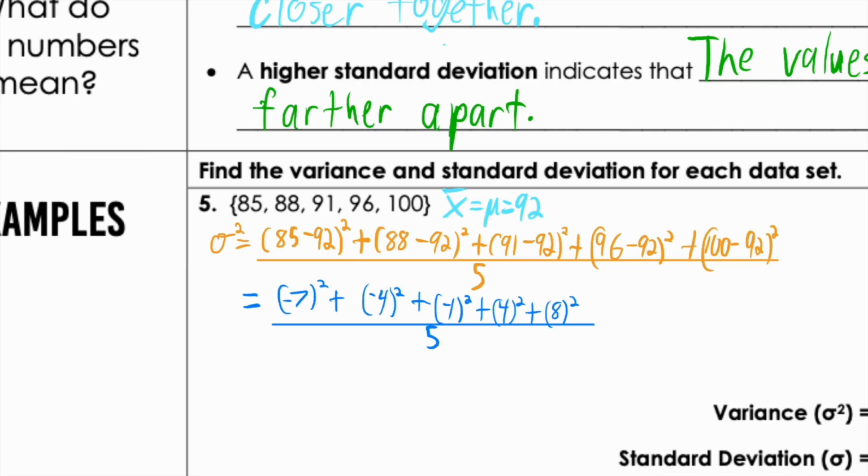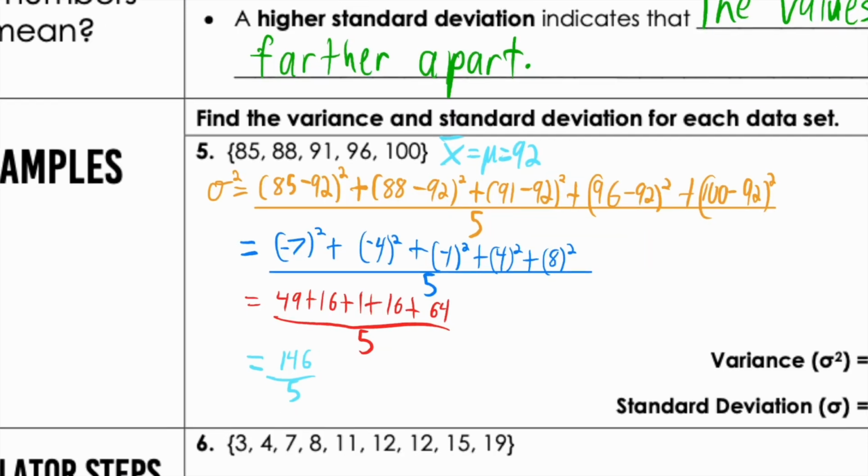Then, if we actually square all those, we end up getting 49 plus 16 plus 1 plus 16 plus 64, all divided by 5, which is 146 divided by 5, which is 29.2, which is our variance.